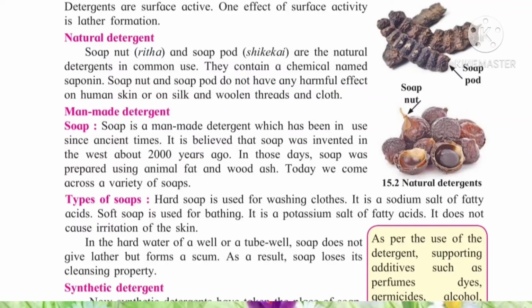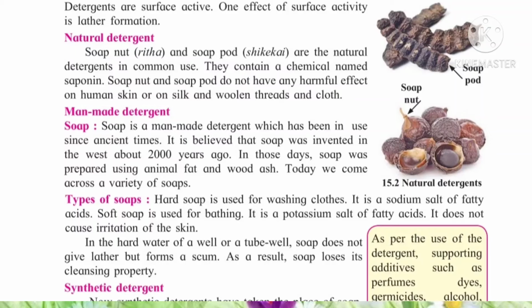Today, we come across a variety of soaps on TV. Also, we observe in advertising that different types of soaps are available in the market for different purposes. For cloth there are different soaps, for body wash different soaps. Okay, so this is about the man-made detergent.